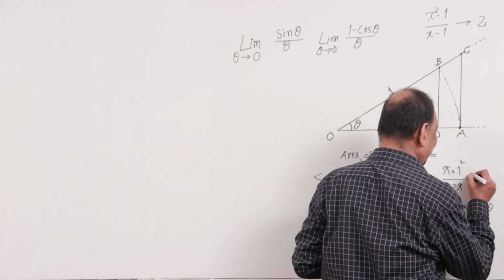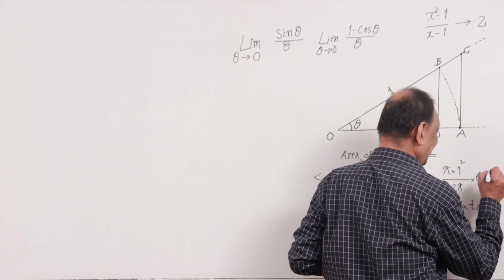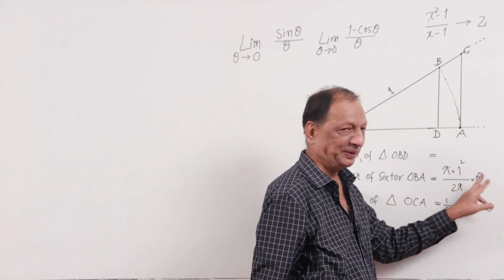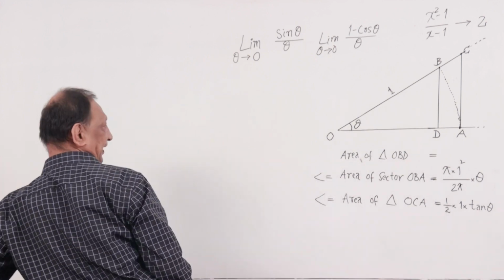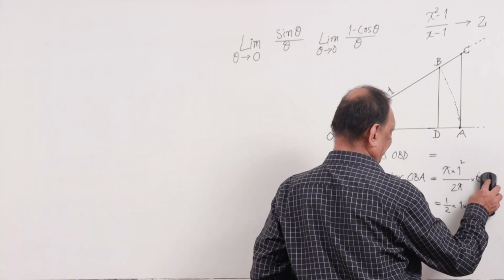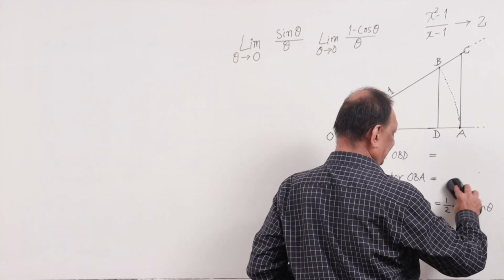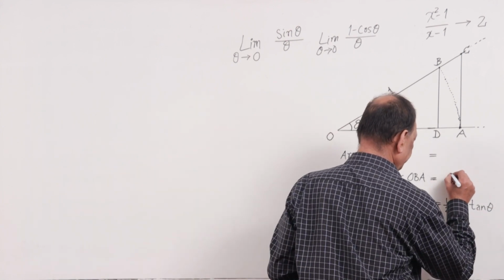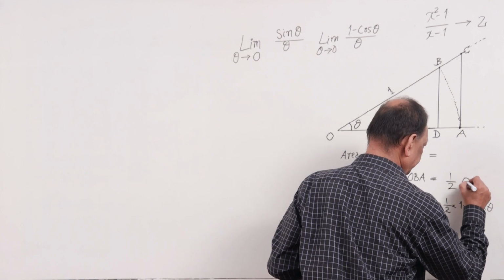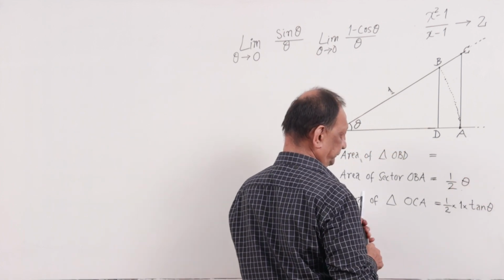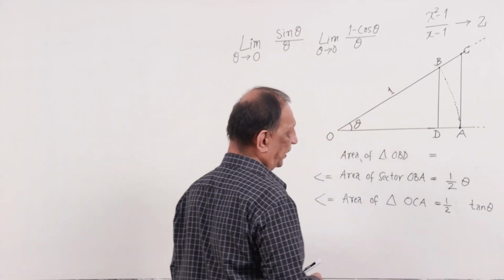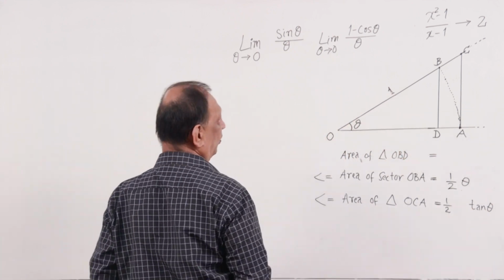Therefore, for an angle theta, I will get an area of pi by 2 pi multiplied by theta. So, in fact, you can rewrite that as half theta. This is half tan theta. Half theta. What is the area of triangle OBD?